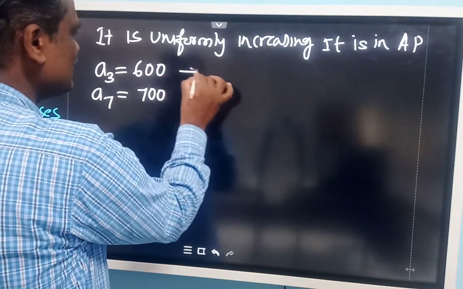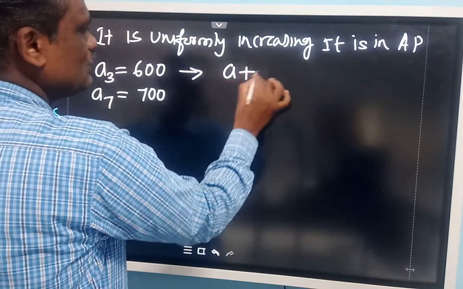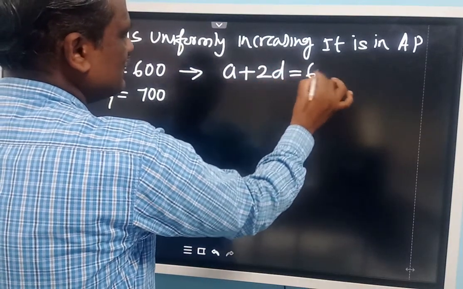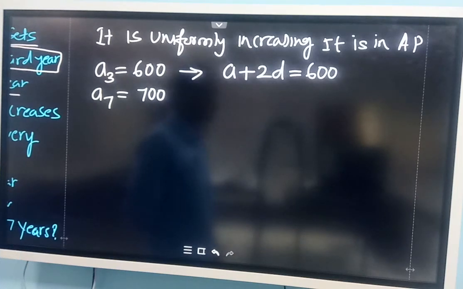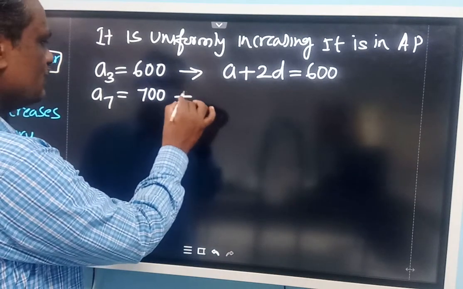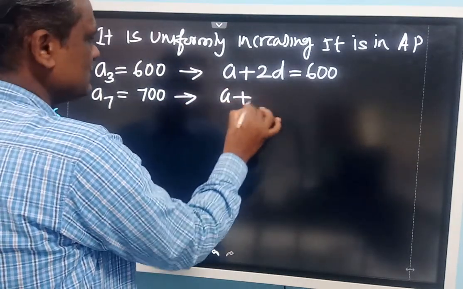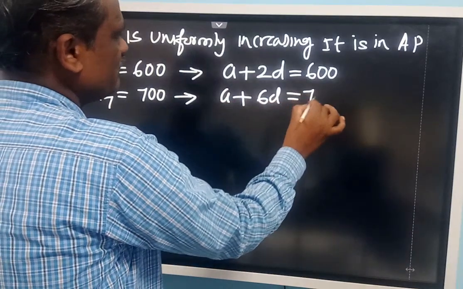A3 can be written as A plus 2D is equal to 600. We have used the nth term formula, an is equal to a plus n minus 1 into d, so 3 minus 1 into d, 2d. This one will become a plus 6d is equal to 700.